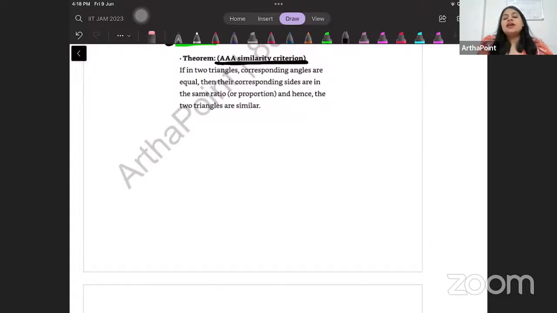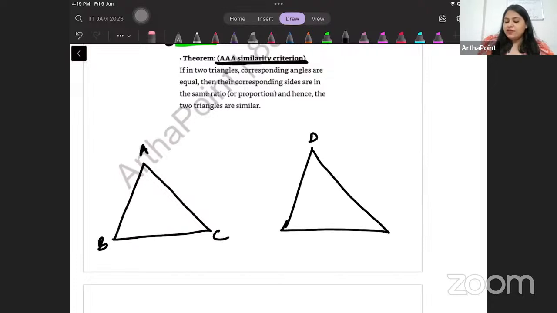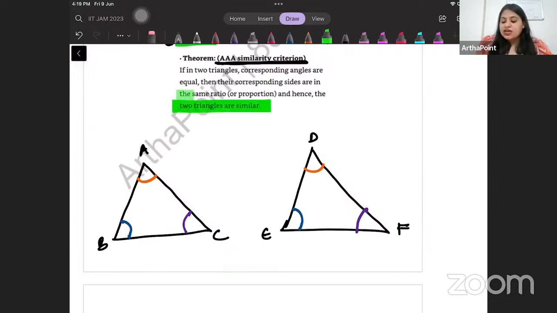It says that if there are two triangles such that the corresponding angles are equal to each other. So this is A, B, C, and this is D, E, F. If I tell you that angle A is equal to D, angle B is equal to E, angle C is equal to F, so the corresponding angles are equal, then the corresponding sides are in the same ratio, and hence the triangles are similar.